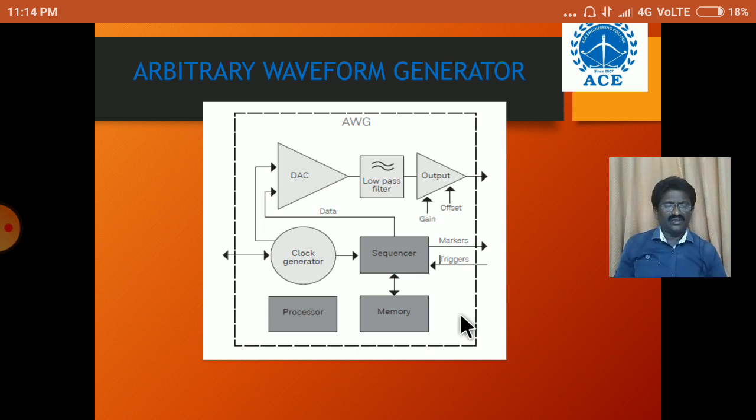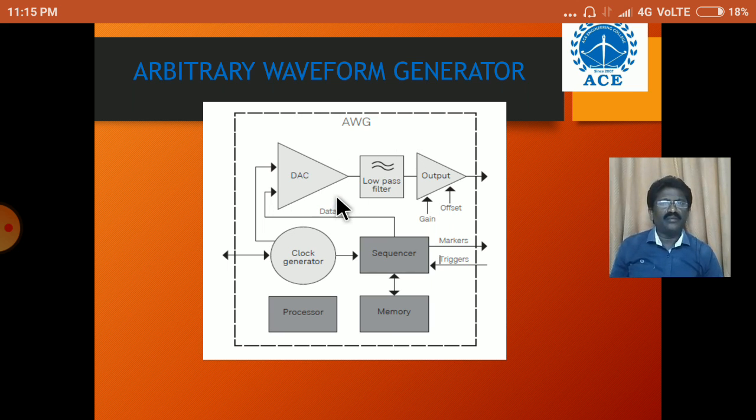So next one, DAC, digital to analog converter. Here waveform memory contents are sent to the DAC. Here digital voltage values are converted into analog voltages. The number of bits within the DAC will impact the arbitrary waveform generator's vertical resolution.